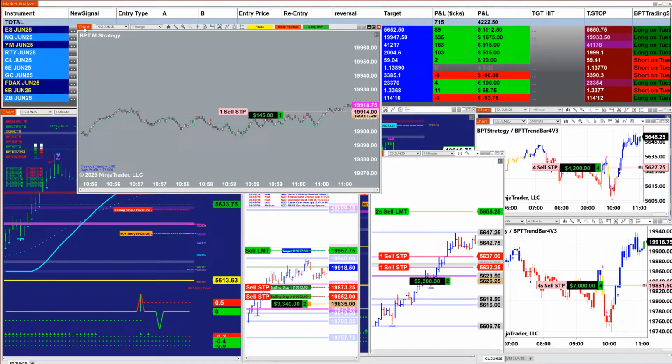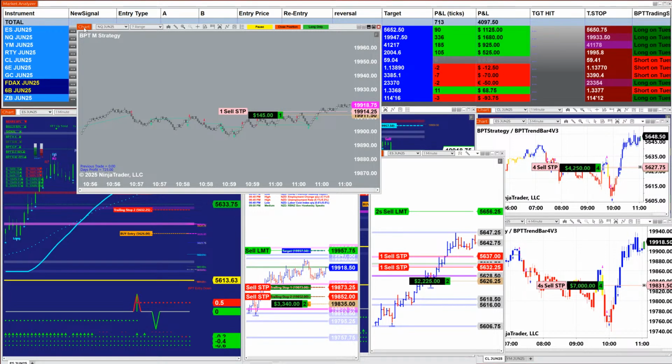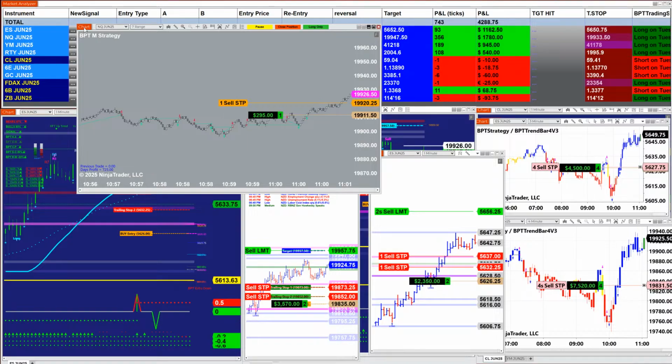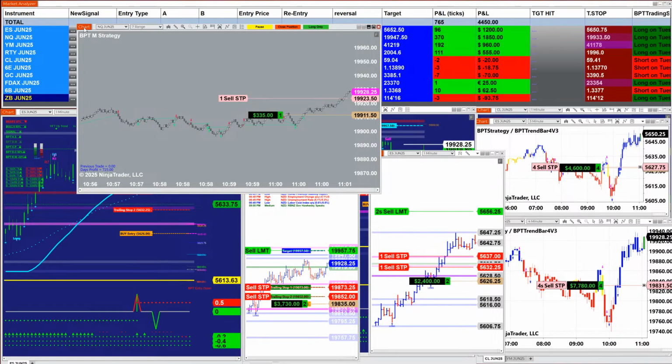We need a little push, and then we're done. If the market moves a couple of bars, we are done with that third round on that auto trade. There we go. We're done. We are done on this one.